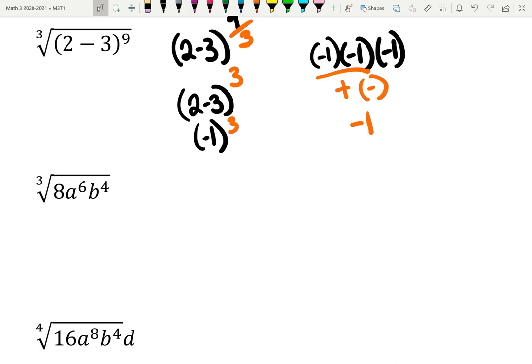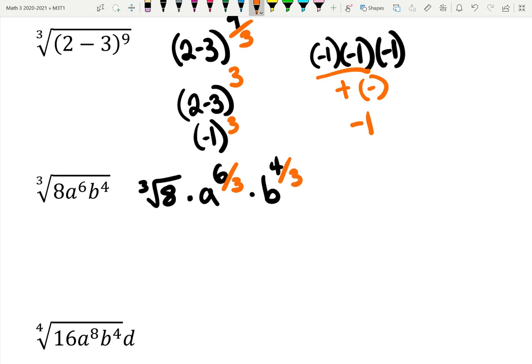All right, next up, I'm going to do the same thing. I'm going to have to figure out, well, what is the cube root of 8? I'm going to then have to figure out a is going to be 6 divided by 3. And then this is going to be b to the 4th divided by 3. So cube root of 8, I ask myself what number times itself 3 times is 8, and this is going to be 2. Then a to the 6 divided by 3 is going to leave me with an exponent of 2, and then that leaves me enough to handle the b to the 4 over 3.